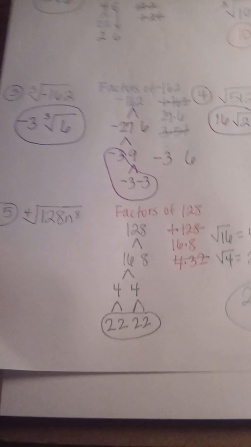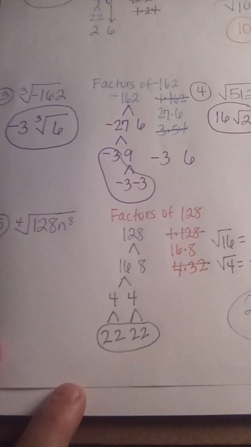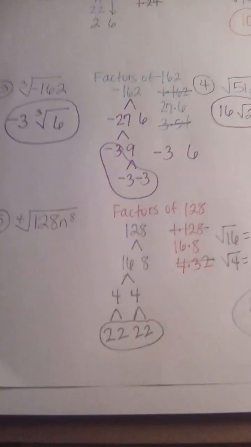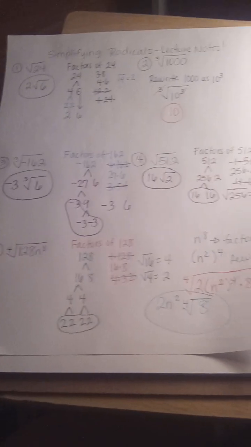Oh, this is a final answer here, folks. Any questions on number 5? On pulling out the variable and making it into a radical on this part. All right, let's move on.